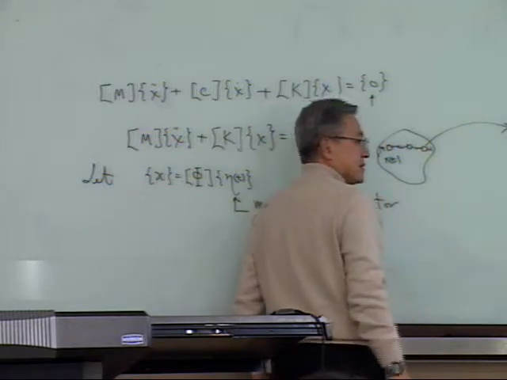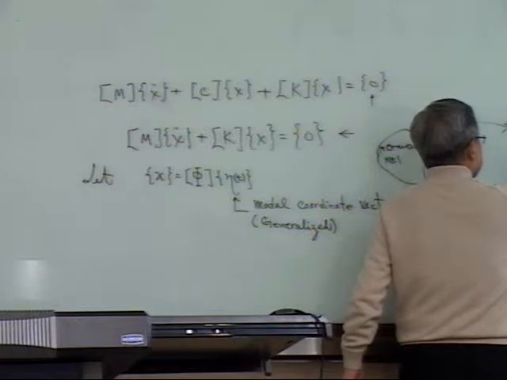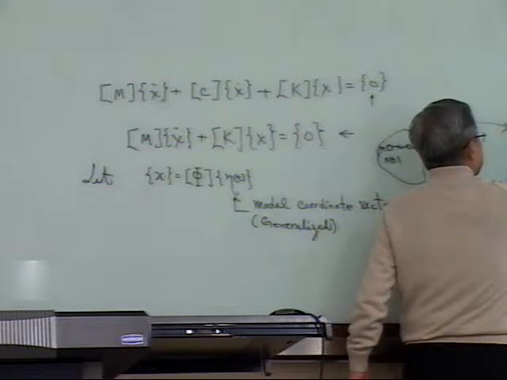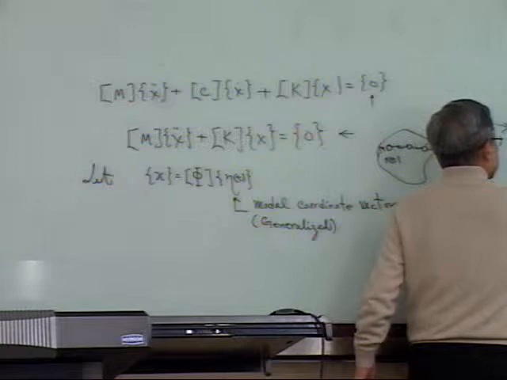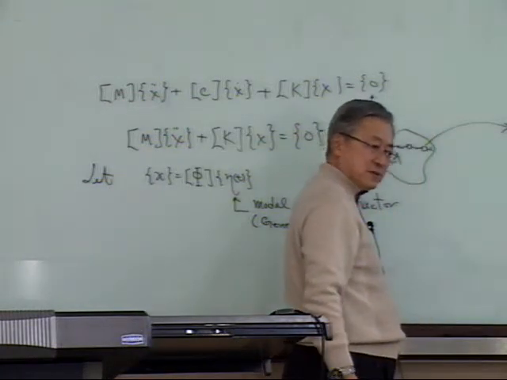The system is connected. But here, the system is not connected. It's all independent of each other. So I can say this is eta 1, this is eta 2, this is eta 3. It makes a big difference.